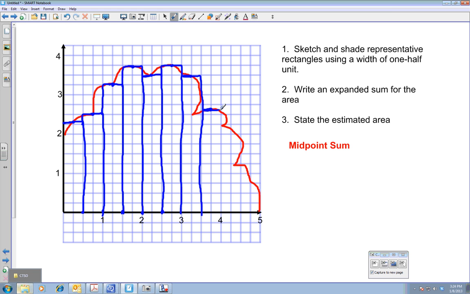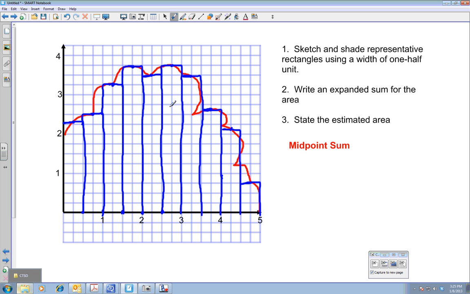Here's my midpoint right there. On this one, like I said, when I drew this graph, I probably shouldn't have gone in like that. That's concave in or convex. And then right here, midpoint would be something like that.